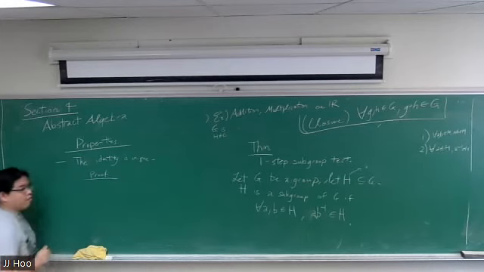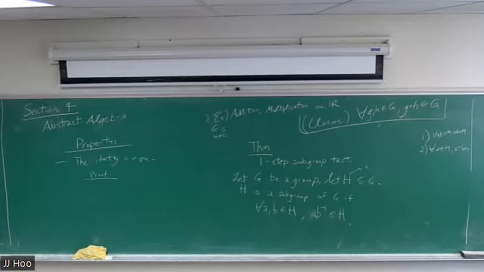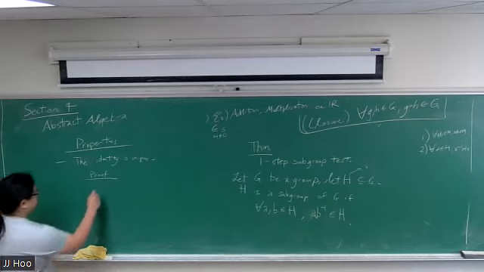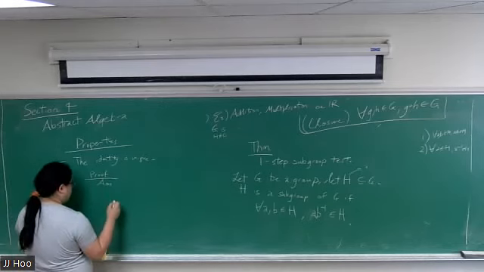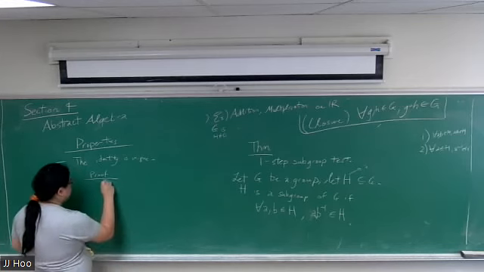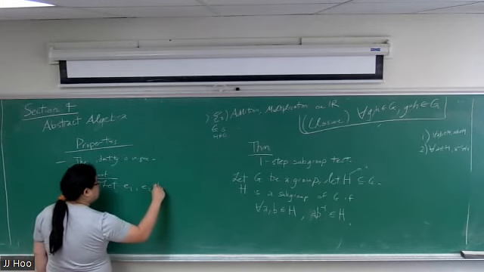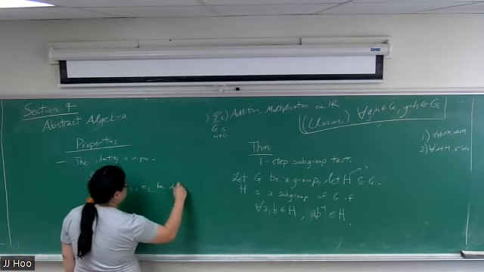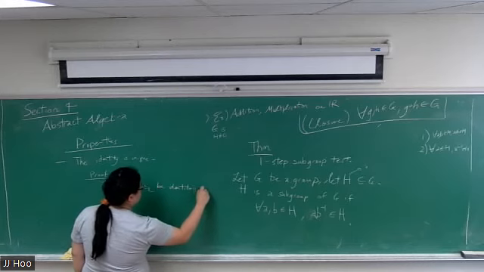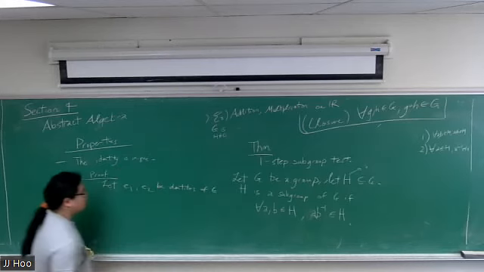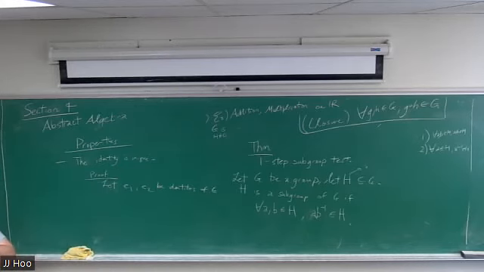And this is a common proof to show that things are unique, right? If you want to show that things are unique, well, pick two of them and show that they must be the same. So let E1, E2 be identities of G, right?